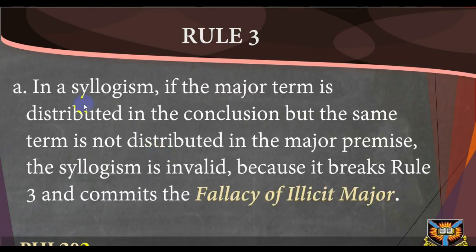A. If the major term is distributed in the conclusion, but the same term is not distributed in the major premise, the syllogism is invalid because it breaks Rule 3 and commits the fallacy of illicit major.